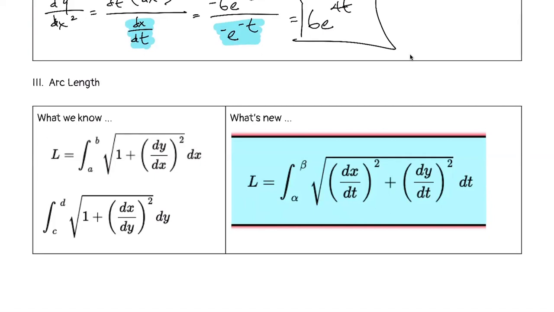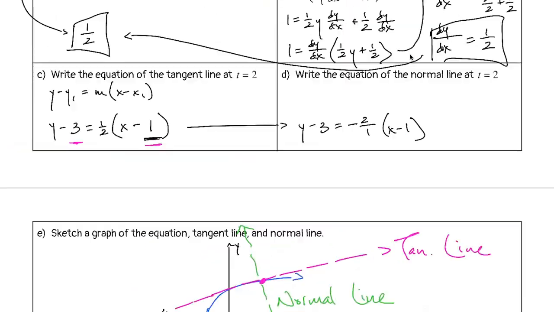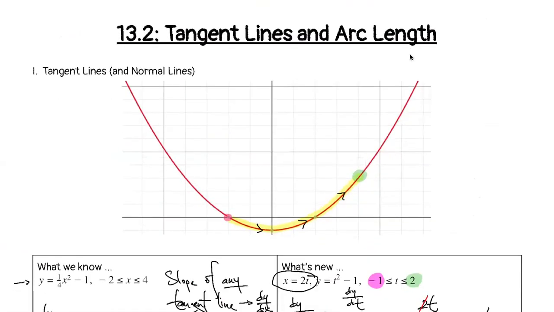But either way, if I think back to my starting picture, let's go back up to that parabola. When we had this parabola, we were thinking, let's just graph it, and then let's find the slope. But when we're thinking about arc length, what we're really saying is, let's find out how long a certain piece of the curve is.